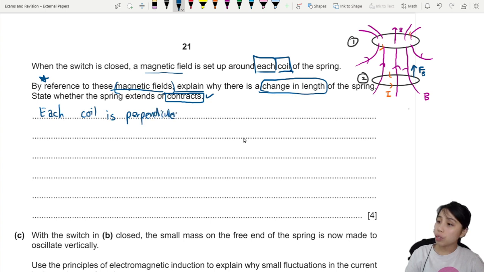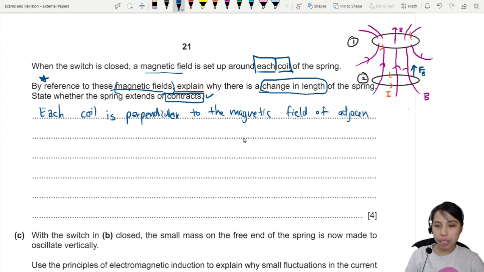Or you could say the word normal. Normal also means perpendicular. I'm going to say perpendicular. So each coil is perpendicular to the magnetic field of adjacent coils. So the nearby neighboring coils.